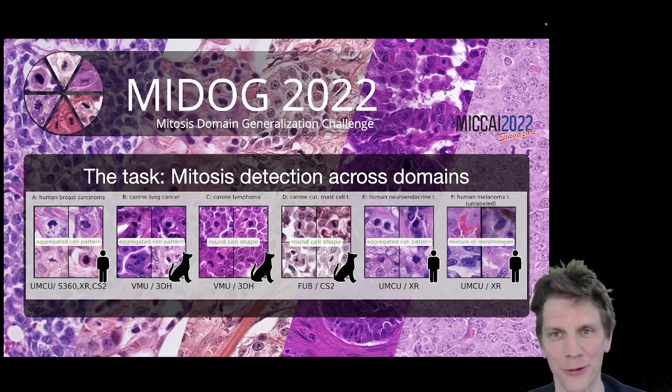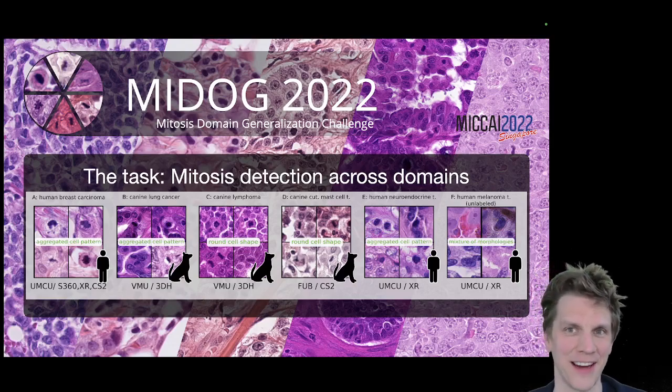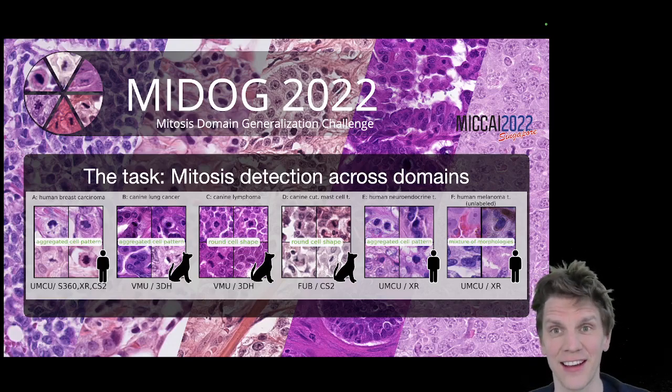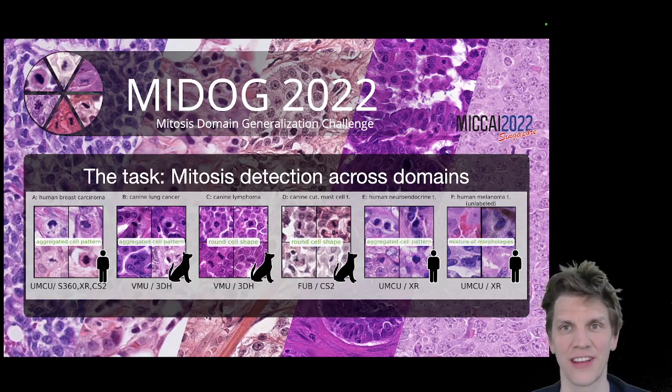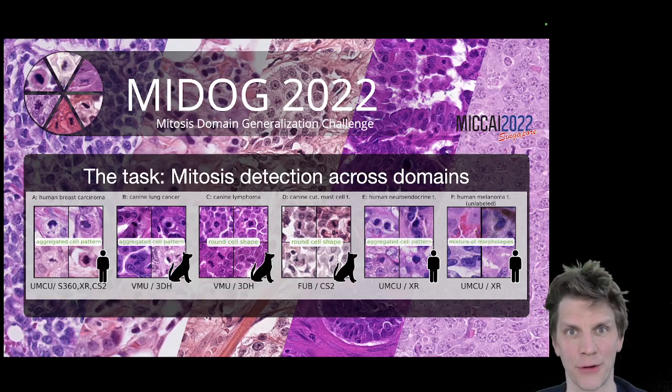And by mitosis, of course, we mean those tiny cells that we want to find out if they are actually dividing or not. So it's a challenging task. It's a task that is known to be challenging, and it's a task with high inter-rater variability. That is also one of the reasons why it is totally sensible to go for an automatic detection of those.